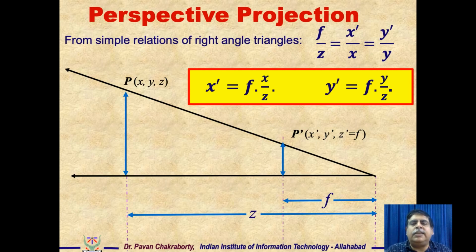Now this is a transformation where we see that x is being scaled by a variable f by z and y is being scaled by a variable f by z. Now z is a variable, so if we put it as a scaling factor in the matrix, it becomes a nonlinear matrix.